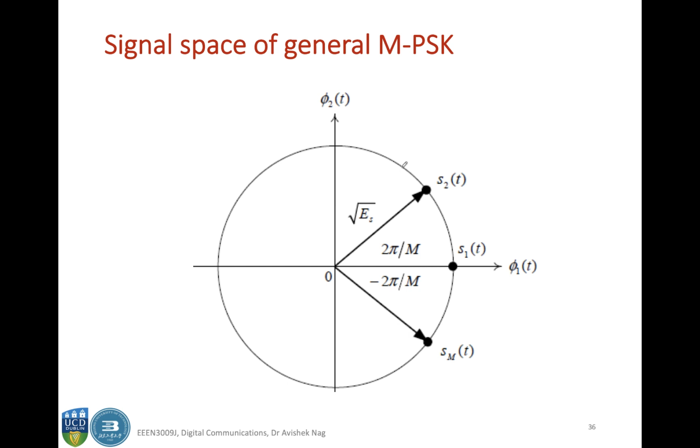You could have M signals like this, S1, S2, S3 up to Sm, and they will be 2 pi by m apart, and the distance from the origin of the signal space to a particular signal is the square root of energy of that signal. Every signal has the same energy, by the way. All of them have an energy Es and an amplitude square root of Es.